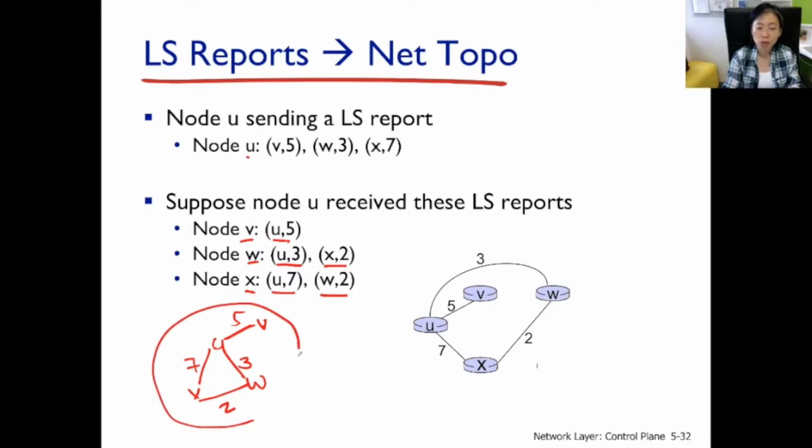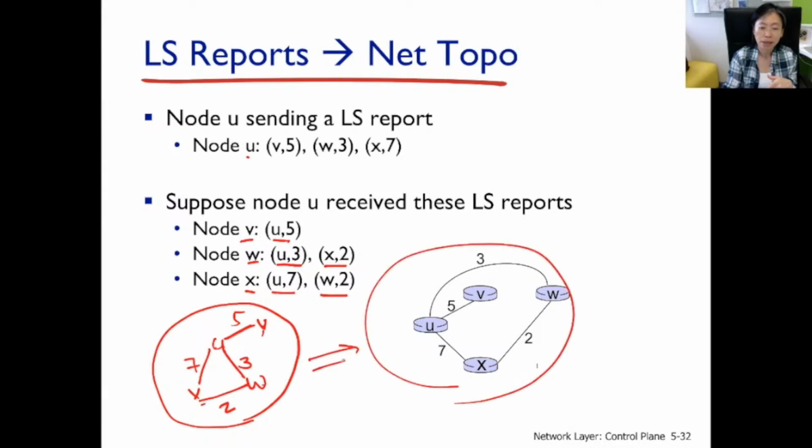And you now manage to reconstruct the total network information from receiving link state reports from all the nodes in the network. And it's contributing also so that other nodes receiving U's link state reports can also reconstruct the total network. So you see this one here, U connecting to V, W, X. It's isomorphic to the network there.